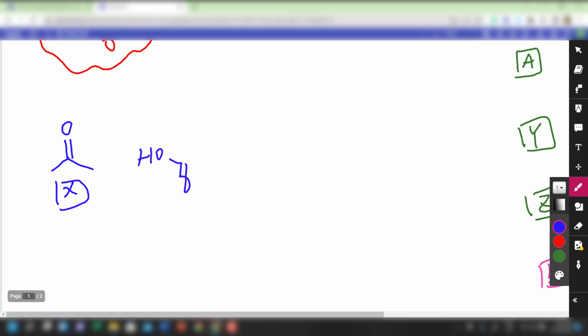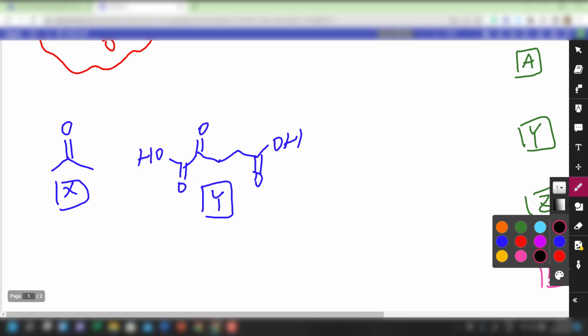Okay, sorry, double bond O. Okay, so this is the structure of Y. Okay, and then I'm going to number the carbon because as I mentioned to you many times, numbering carbon often helps us to do wonders, like 4, 5, 6, 7, 8.